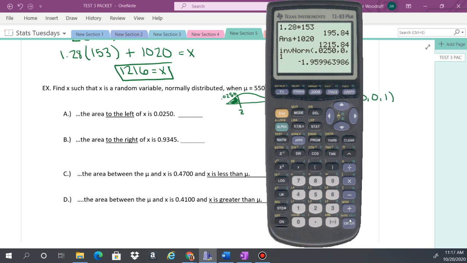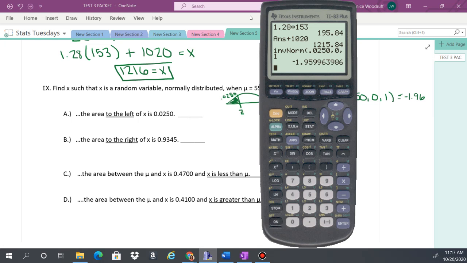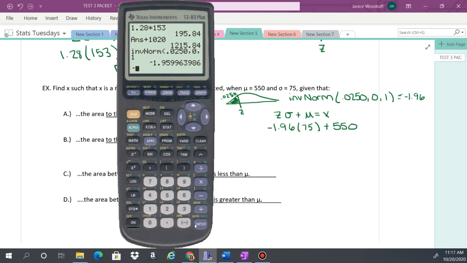Negative 1.96. And then plug that into our formula with z times the standard deviation plus the mean. So in this case, the z is negative 1.96 times the standard deviation of 75 plus our mean of 550. So negative 1.96 times 75 plus 550. So 403.